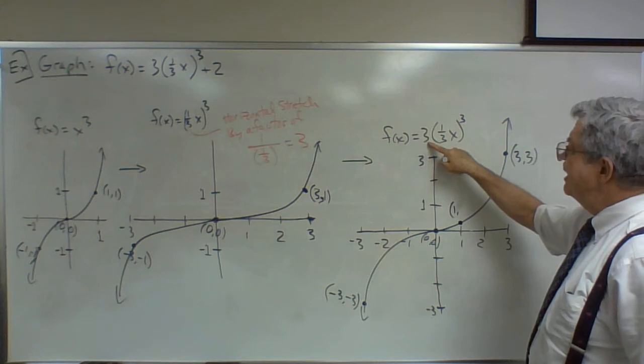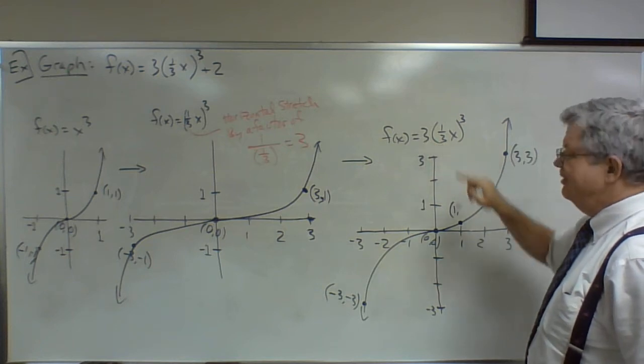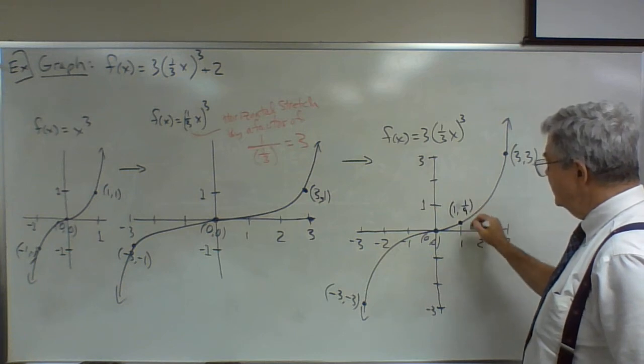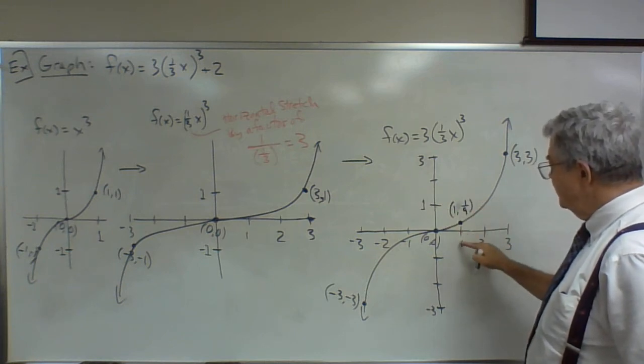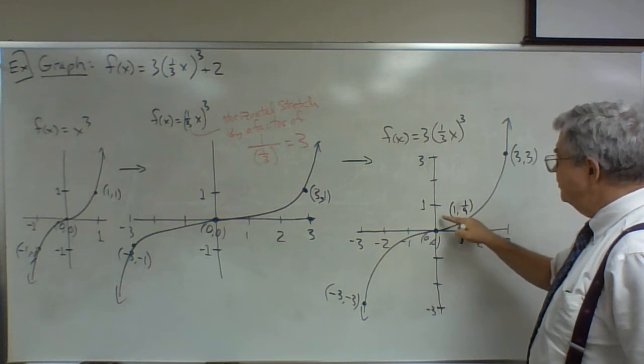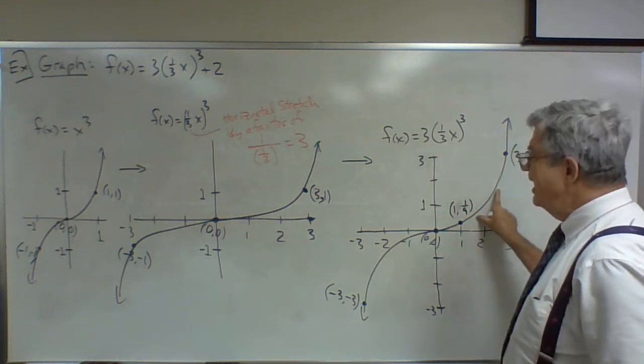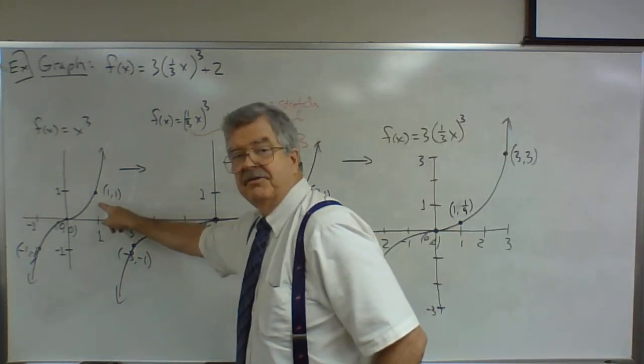We multiply that by 3 and we get 1/9 x cubed. Holy moly. When x is 1, y is 1/9. Okay? So this is not the same graph as the original.